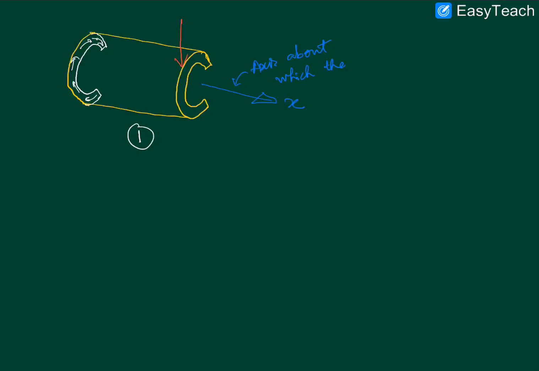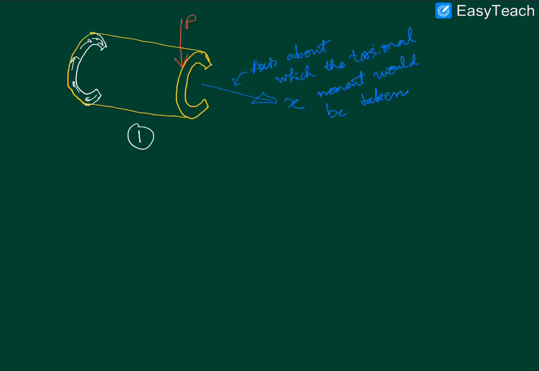Axis about which the torsional moment would be taken. Okay, so first of all, we take the torsional moment of the P. So this is our P here.